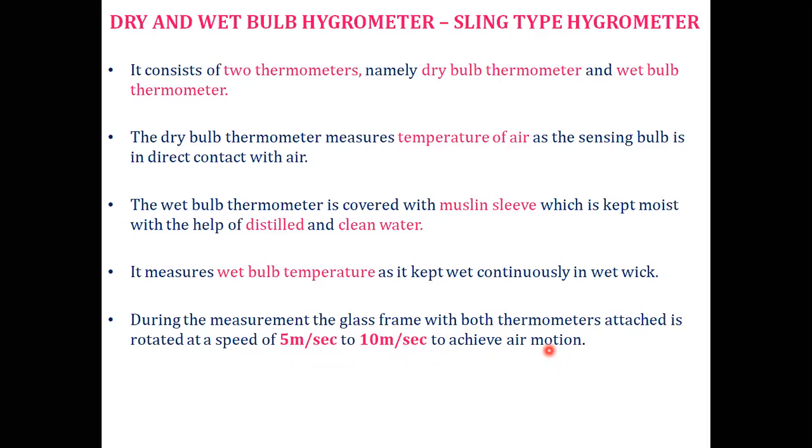Both the thermometers attached are rotated with the help of that handle. Those two thermometers are rotated lightly, at a speed of 5 to 10 meters per second to achieve the air motion. Some sort of air motion needs to be provided, and for that sake some movement of these two thermometers takes place.